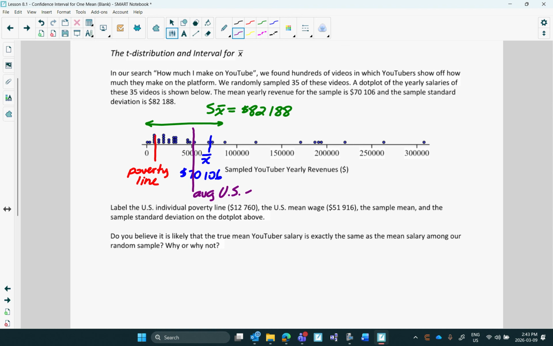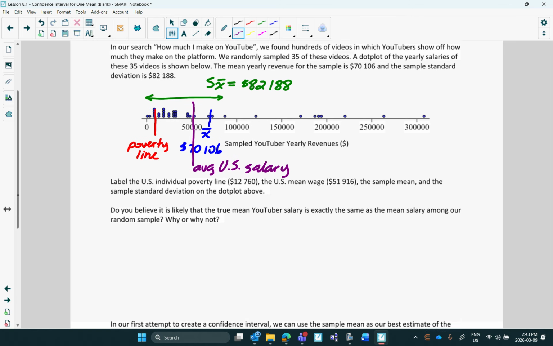That's the average US salary. We can compare it to the sample mean we got of 70,000, which is quite substantially over the US average and a lot over the poverty line.